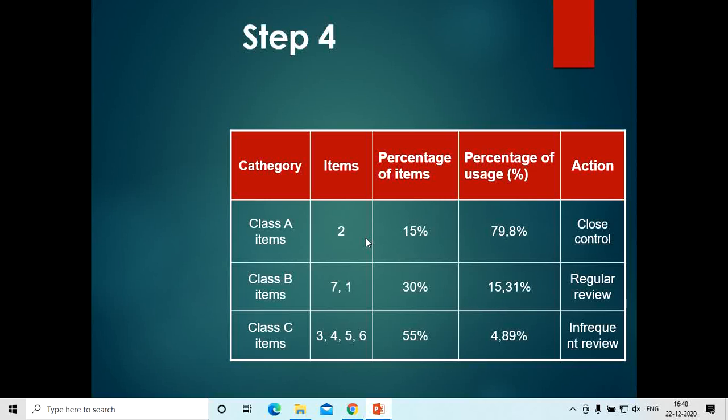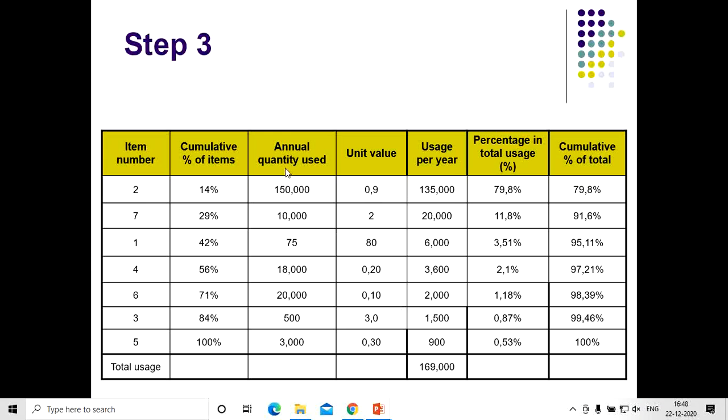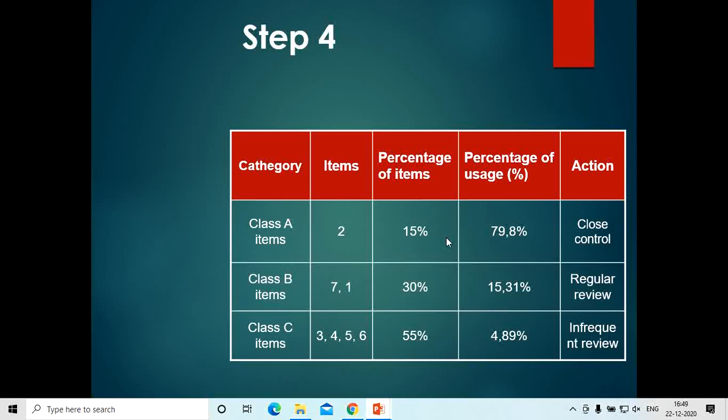How much is the percentage of items? We can get it from the items divided by the total number of items. For item number 2, this much quantity divided by the summation of all the items. 1,50,000 divided by the total summation will give the percentage of items, that is 15%.